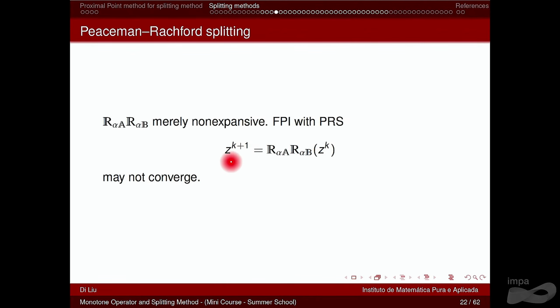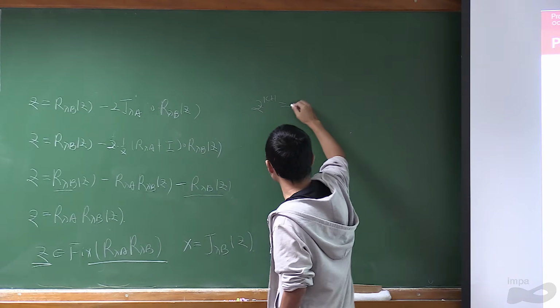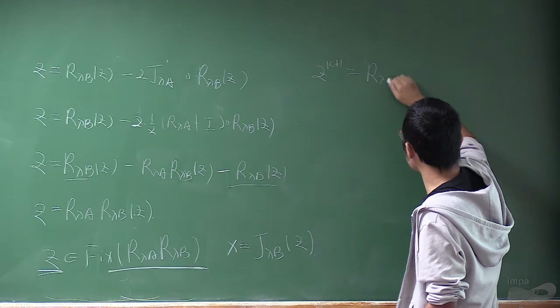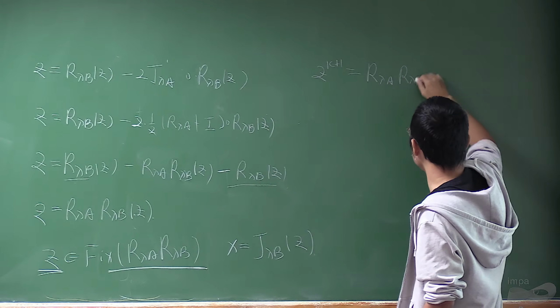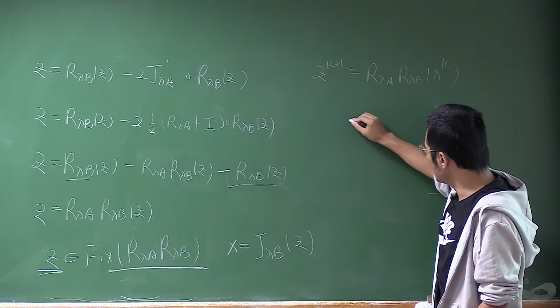If zk converges to a z star, if we use zk plus 1 equals to RA, RB, zk, this is Peaceman-Rachford iteration.